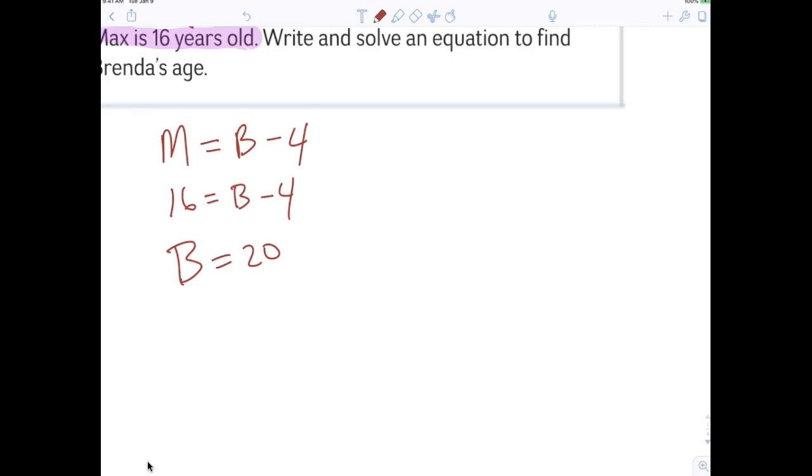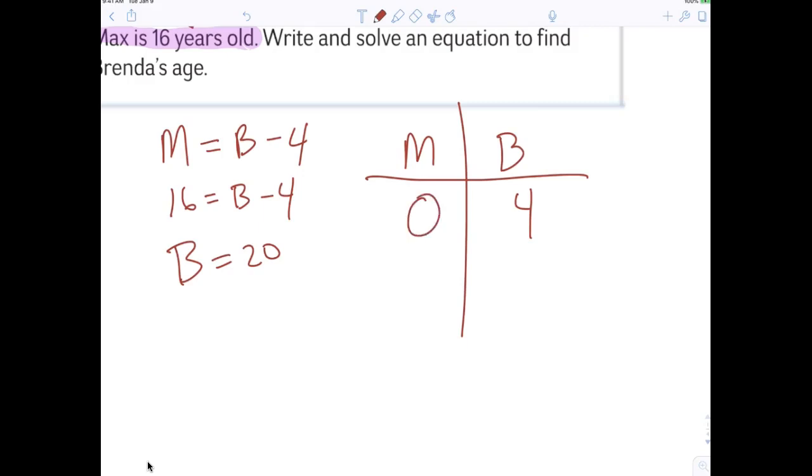All right. So I have M and I have B. Let's just say Brenda is 4. Then Max would be what? You tell me. 0. If Brenda is 10, Max would be what? 6. Let's just get wild and crazy.